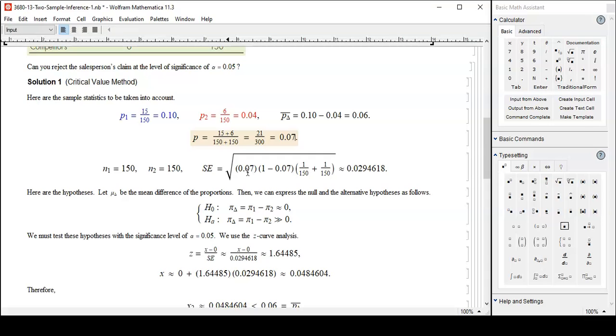And P times 1 minus P over N, but for some strange reason, we have 1 over 150, 1 over 150 instead of 1 over 300. Why? That's something we're going to discuss a bit later after completing this, but one step at a time. Just put everything into that SE formula, P times 1 minus P, times 1 over N1 plus 1 over N2, and do your computation. And what do you get? You get 0.029 something, and that is your SE.